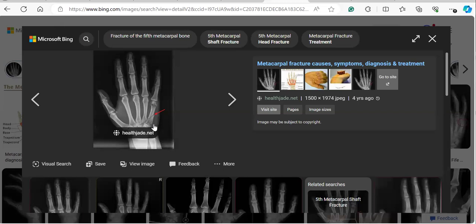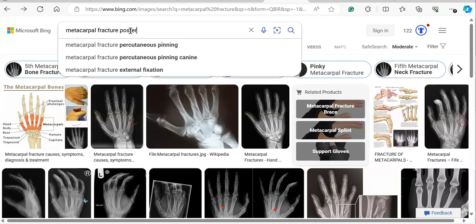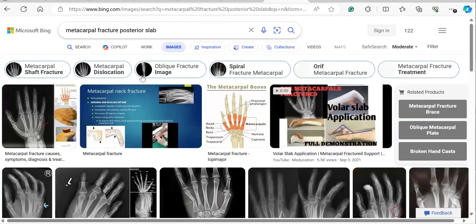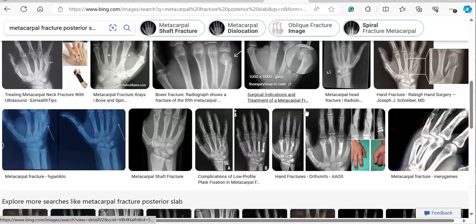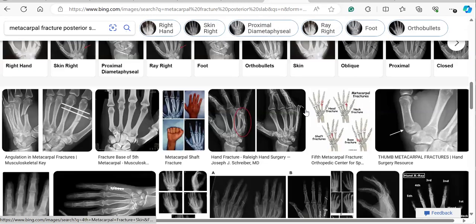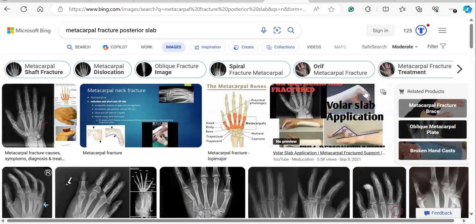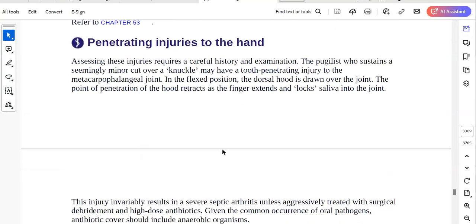But if it is a displaced fracture, you need to reduce it and then put the patient on a posterior slab. So this is something like a posterior slab, that's what we usually do.